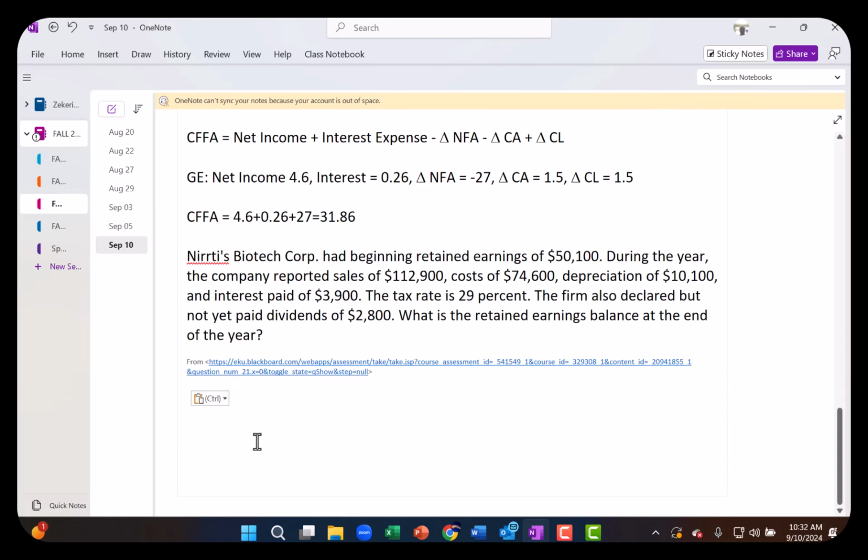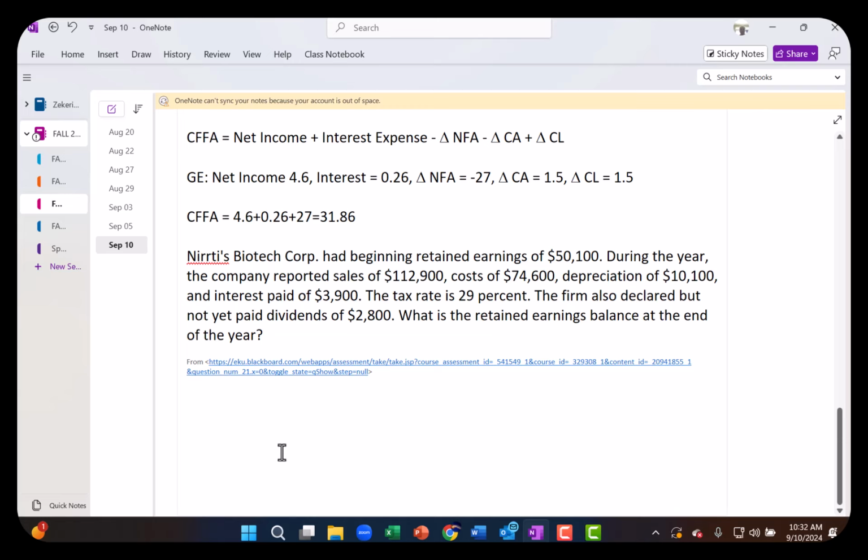All right. This company had beginning retained earnings during the year. We know the sales, cost, depreciation, interest, and tax rates. And the firm also declared but not paid dividends. What is the retained earning balance?